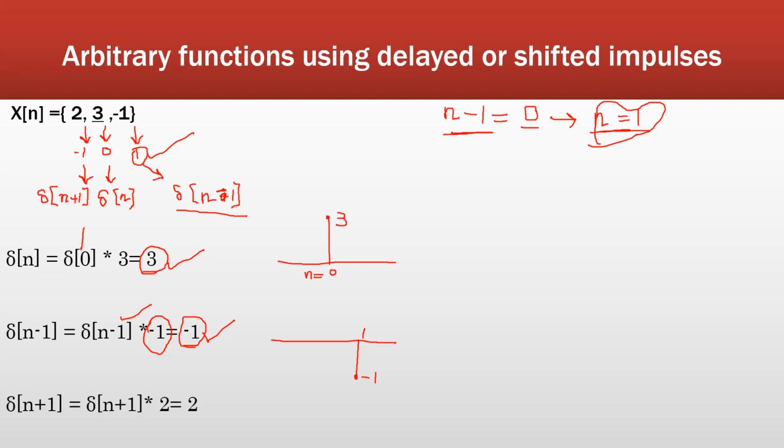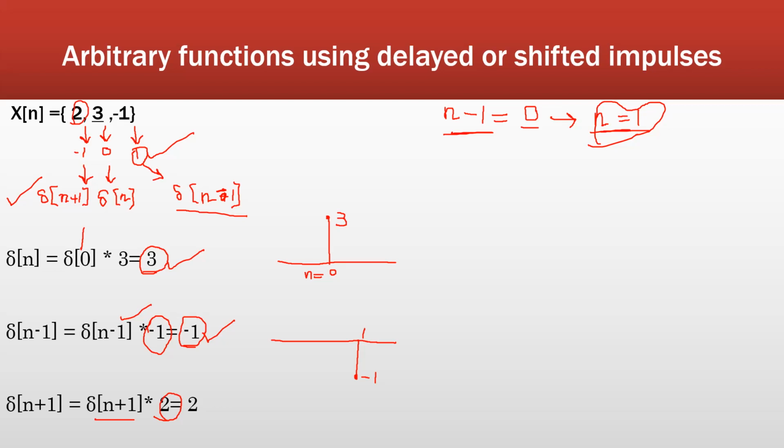The third step is delta of n plus 1. From where did this delta n plus 1 come? It came from here. Delta n plus 1 indicates the minus 1 index. When index is minus 1, its delta form is written as delta of n plus 1. This is multiplied with 2, because at minus 1 index its value is 2.